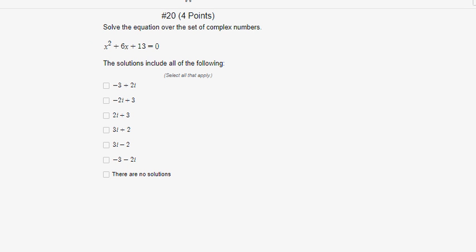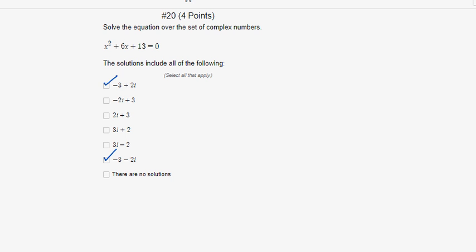Okay, we want to find our solutions here. Now, really, just looking at it, none of our other answer choices make any sense. We've never written our imaginary numbers in any of these forms, so I guess this one could have been more difficult.